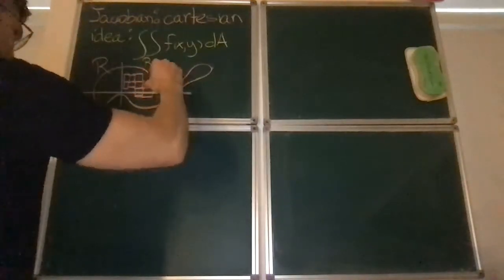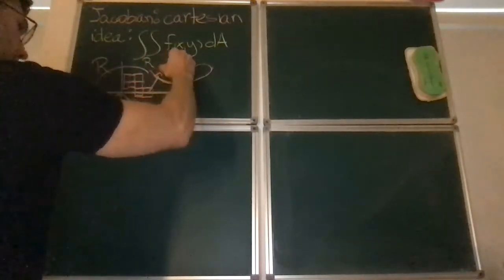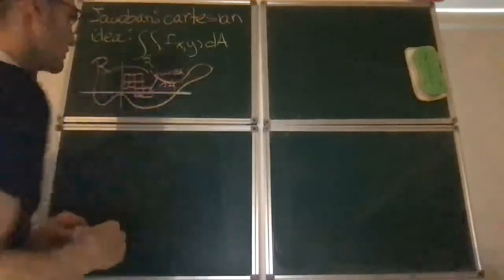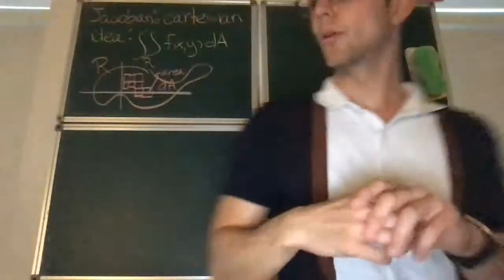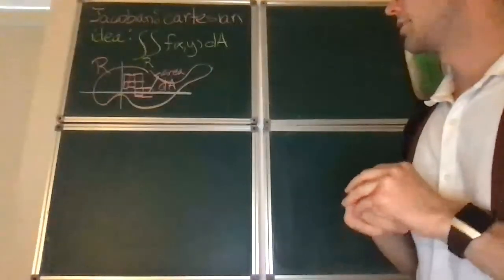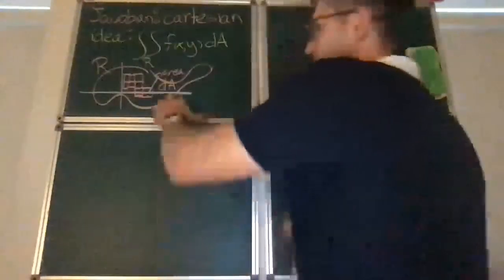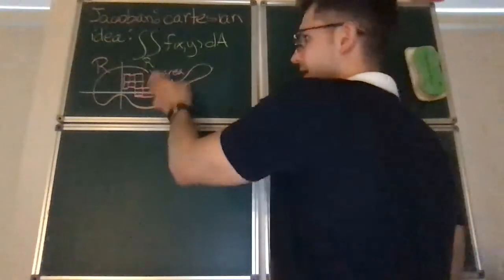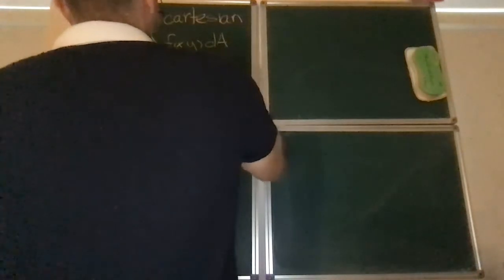But if you start subdividing this region into squares of size dA. Okay? And the idea is that in the Cartesian case, you could think of this little element of area, dA, as either dy dx or dx dy.